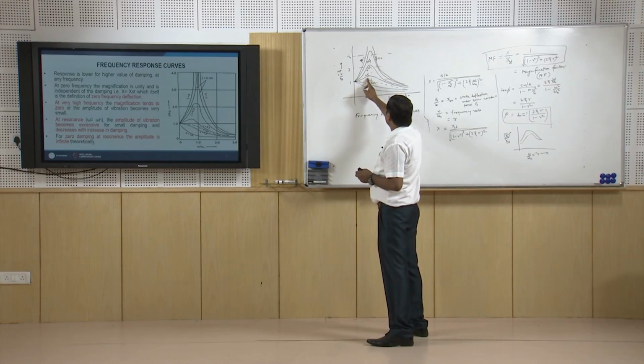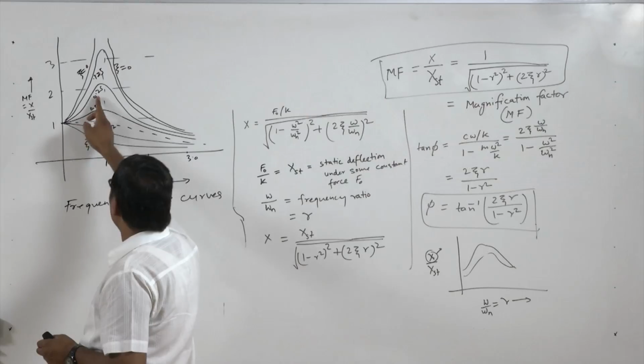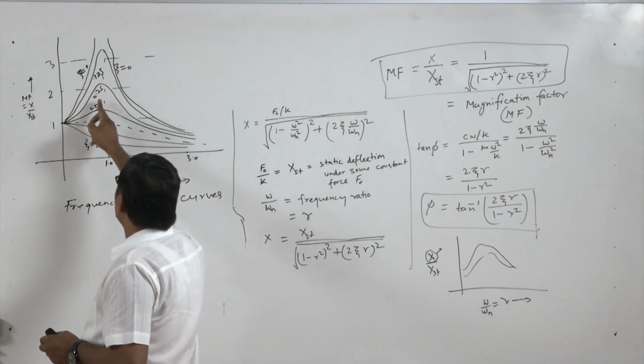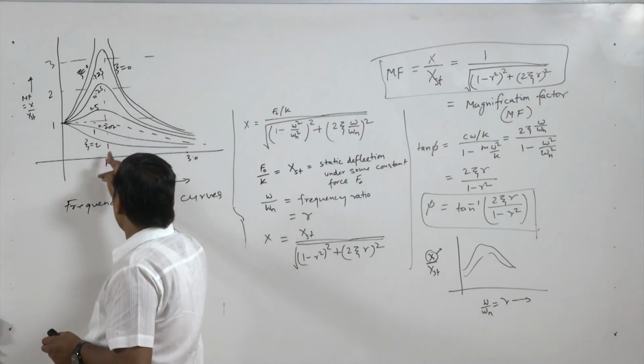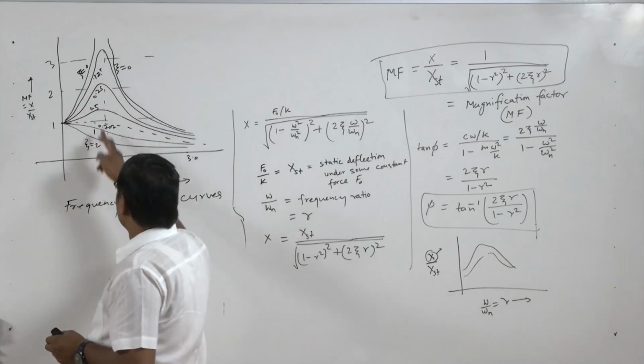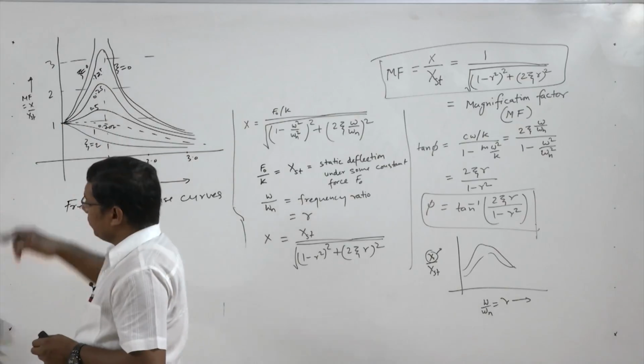And we see that when we are decreasing damping, the peak is moving more towards the resonance condition, that is r equal to 1.